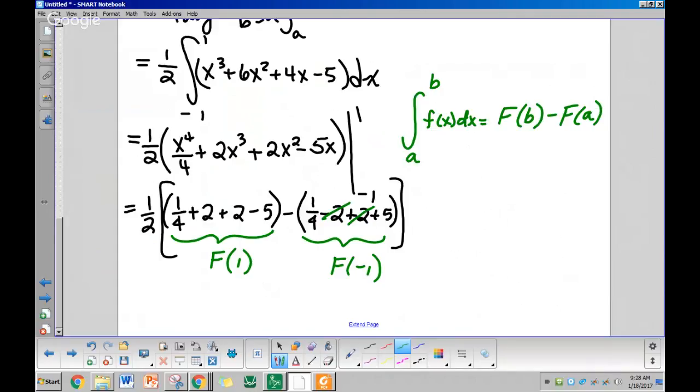When you plug in -1 to x to the fourth, it's positive one. What I did was just plug negative 1 in here. Since the first one is an even power, that's fine. Okay. All right.